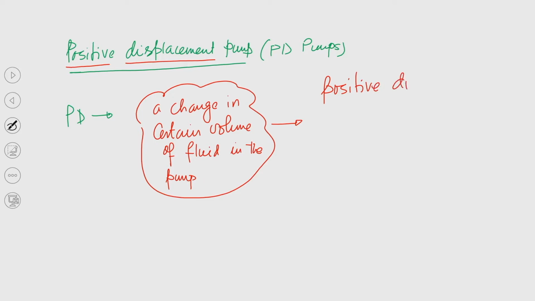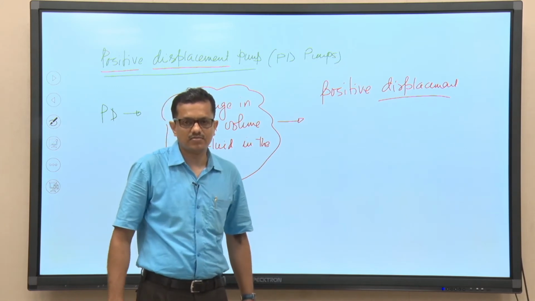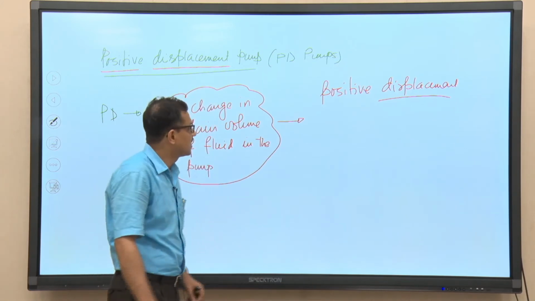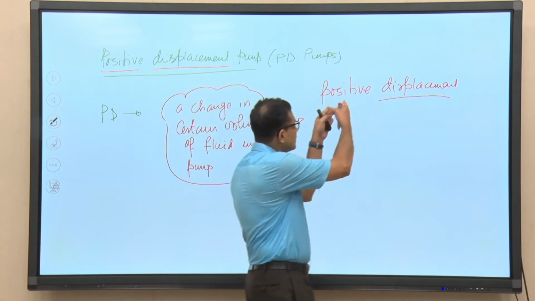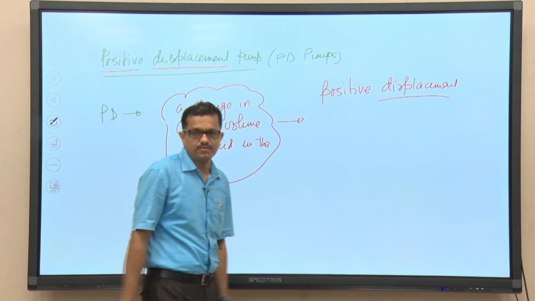And the words positive and displacement: you can see that there will be a displacement of a certain mass of fluid being handled by the pump, and the word positive comes from the sense that there will be a positive displacement.